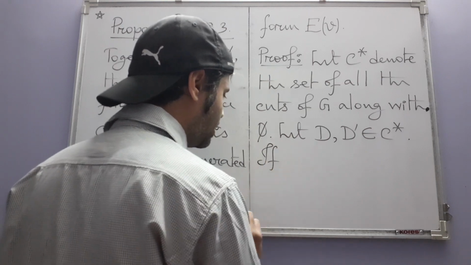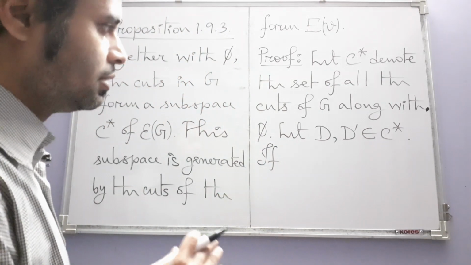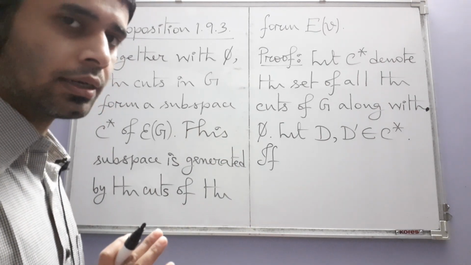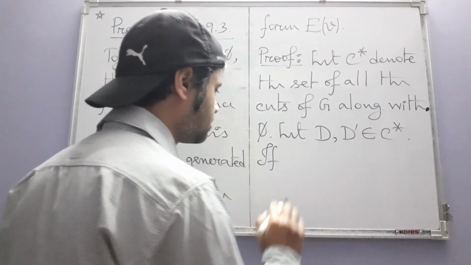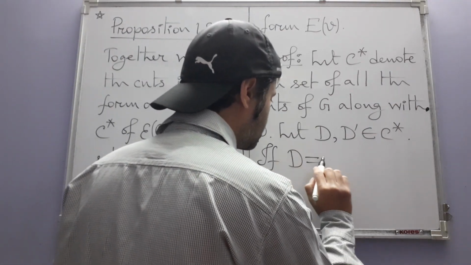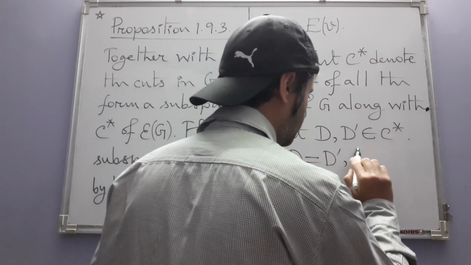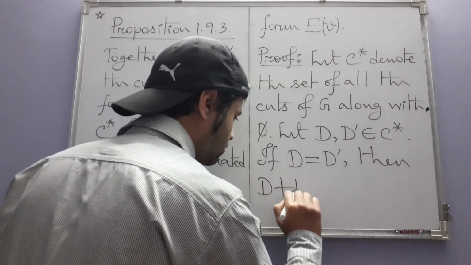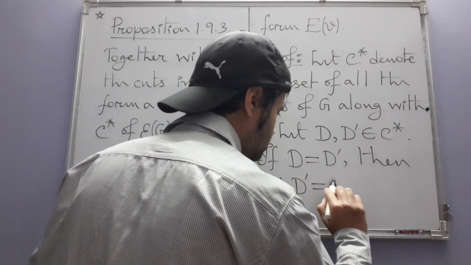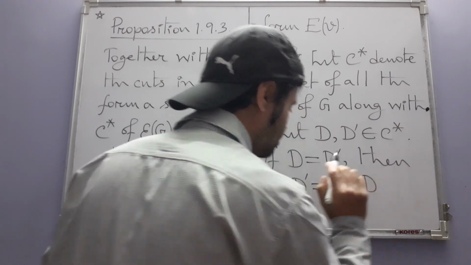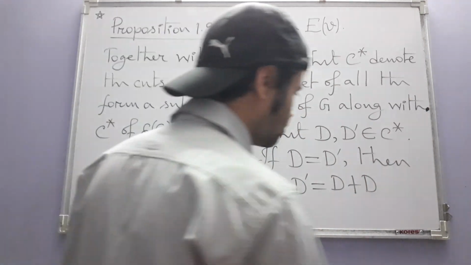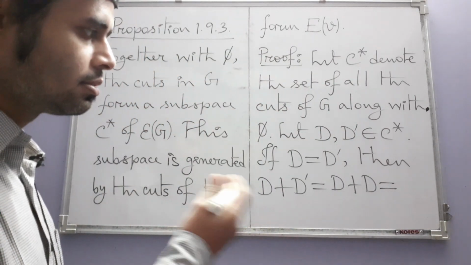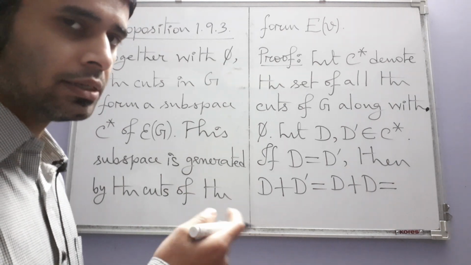Now there are two very simple situations in which D plus D prime is going to be in C star again. So let's handle them first. If D is equal to D prime, then D plus D prime is equal to D plus D. But you know that in our vector space, every element is its own negative.